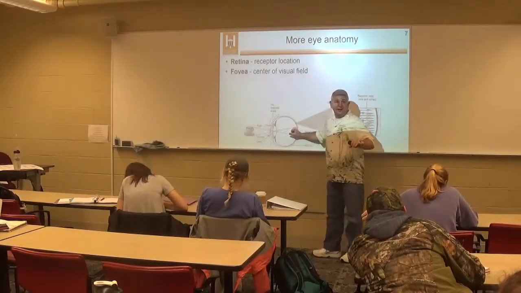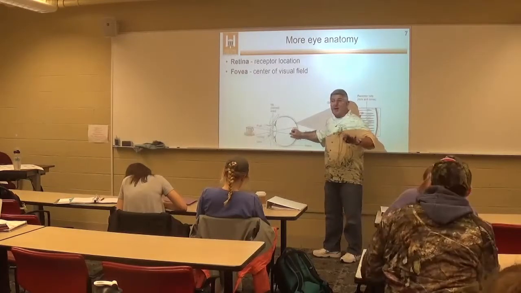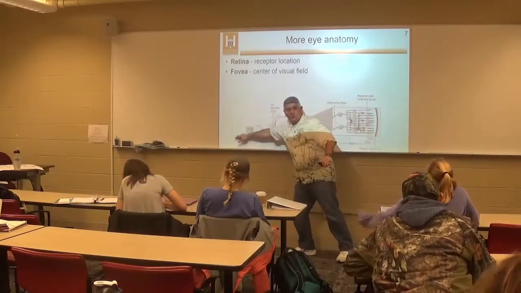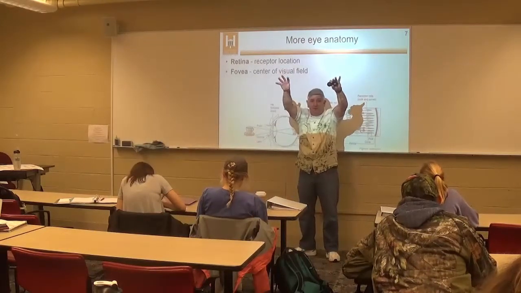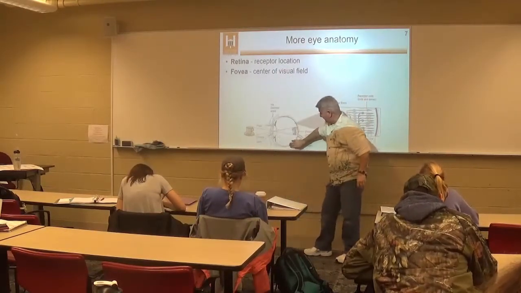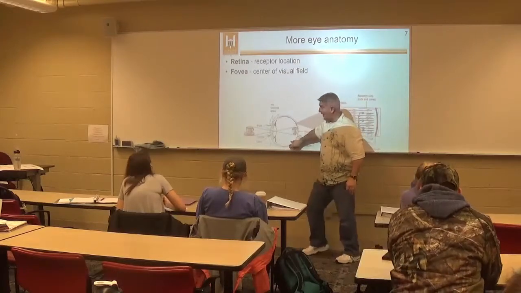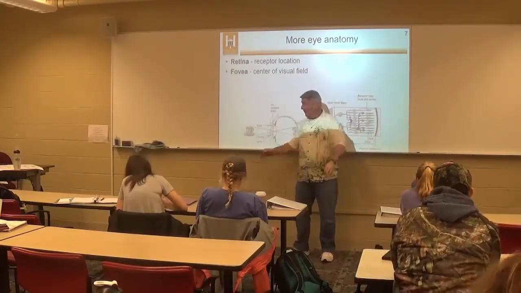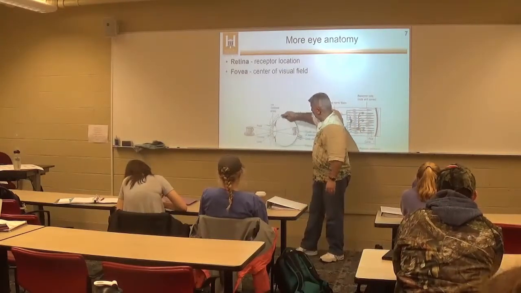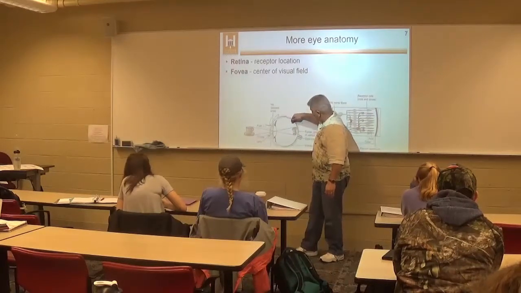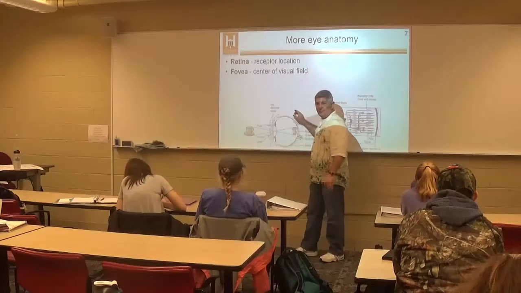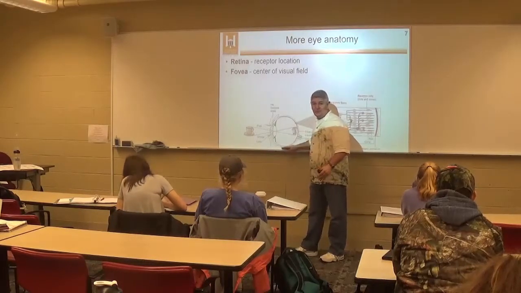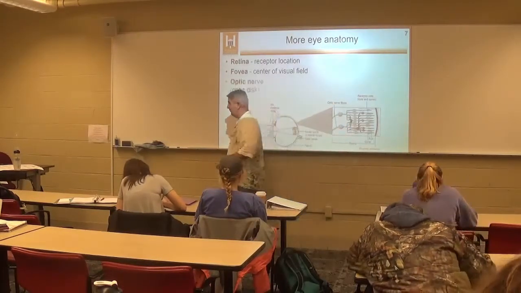So the retina is mapped to our world. Things that are up here in the world, the ceiling, are being projected down here on the bottom part of our retina. And the floor of the carpet is being projected up here. So there's a map from floor, center of vision, ceiling, all the way around the retina, and that doesn't change.